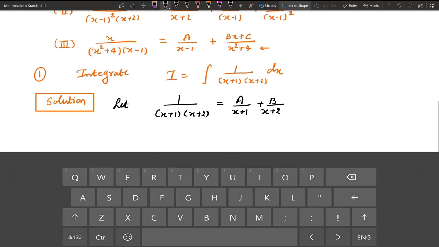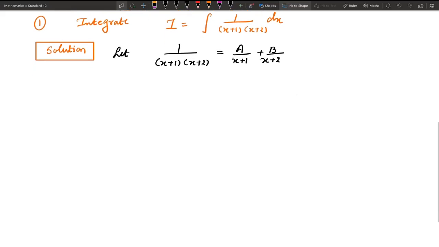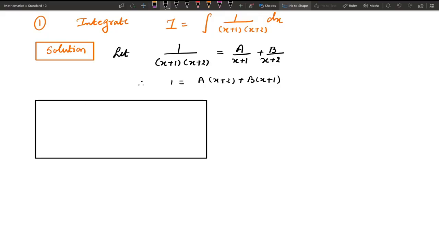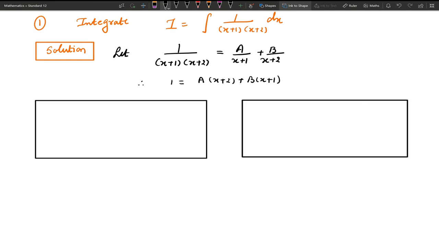Now to find unknowns a and b, we simplify this. On the right hand side when we take LCM, a into x plus 2 plus b into x plus 1. Now there are two methods, so at present we discuss both methods simultaneously. You can use any one method. Method 1, method 2.